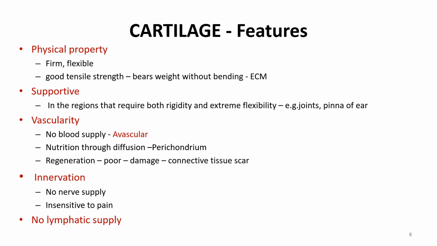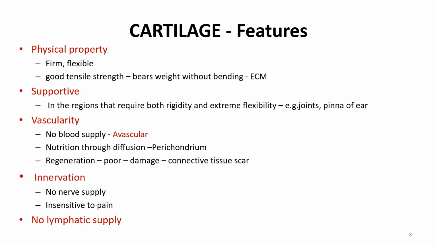And regarding the vascularity, the cartilage is avascular, and it receives its nutrition through diffusion from the perichondrium, as I have shown you in the previous slide. Because it is avascular, the regeneration of cartilage after injury is poor, and a connective tissue scar will be formed.